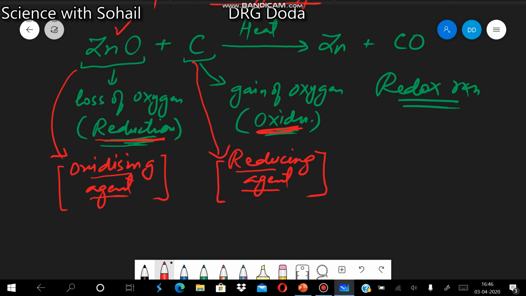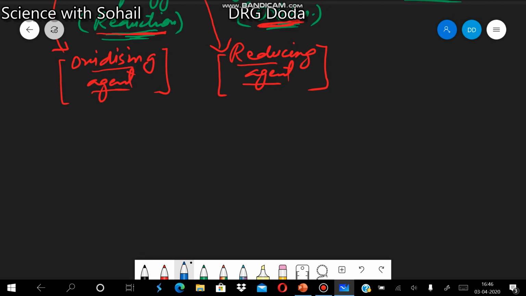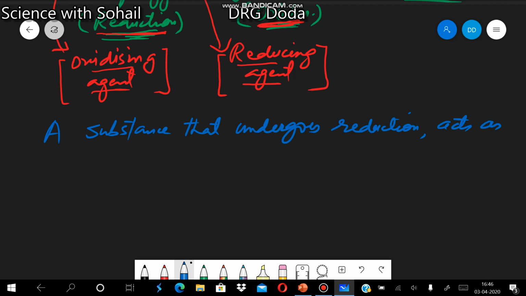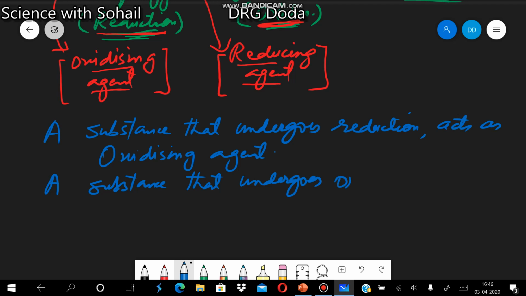So from this discussion we can conclude that a substance that undergoes reduction acts as oxidizing agent and a substance that undergoes oxidation acts as the reducing agent.